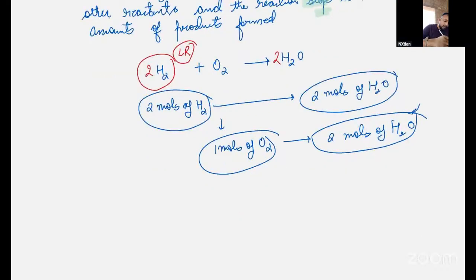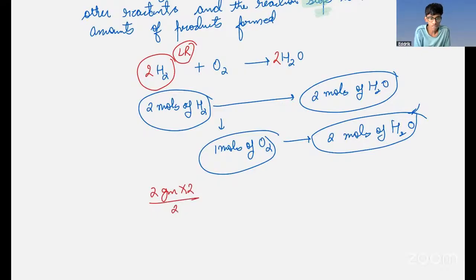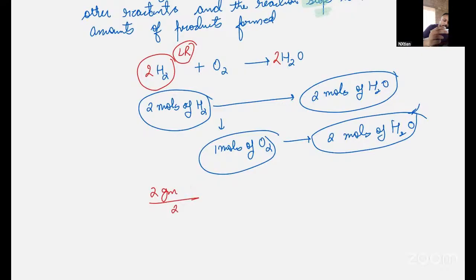Okay. How will you calculate this? If I calculate in grams, how many grams? 2 and 2. So 2 grams multiplied by 2 divided by 2. It should be 2 grams of hydrogen, divided by 2, so it is 1 gram of hydrogen.